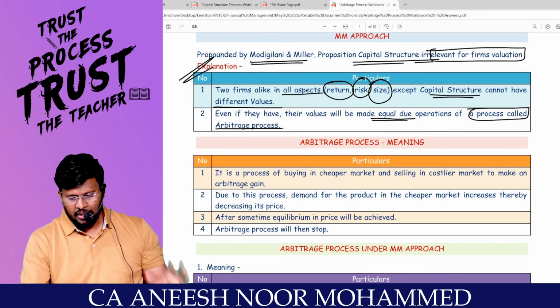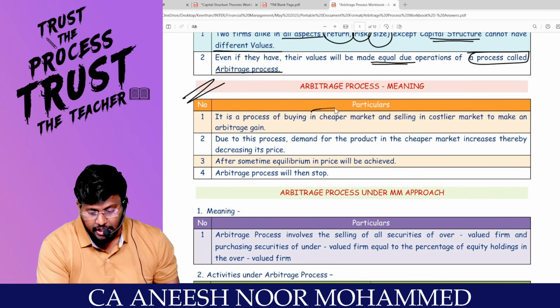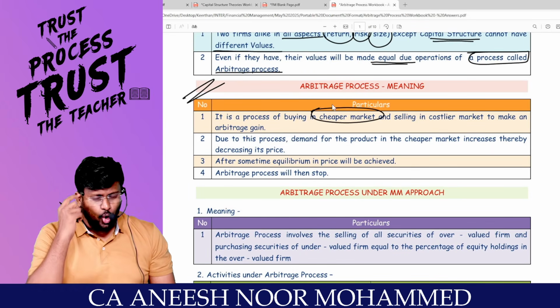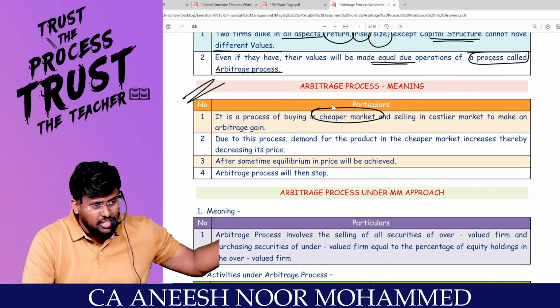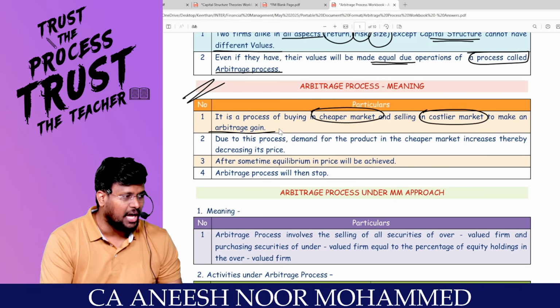Arbitrage is a process of buying from a cheaper market and selling in a costlier market to make an arbitrage gain.